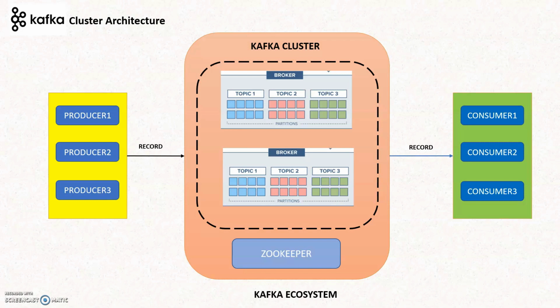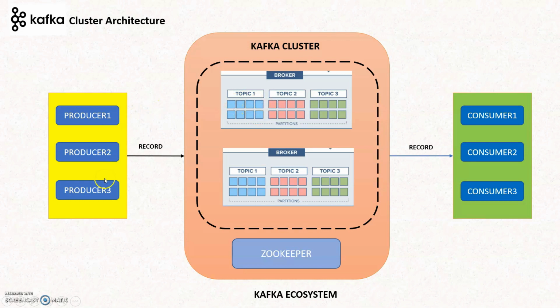Each broker is a message broker. They comprise topics, and topics are like queues, but here the broker comprises topics along with partitions. So here, a single broker comprises three topics, as you can see over here, and in each topic there are 8 partitions.